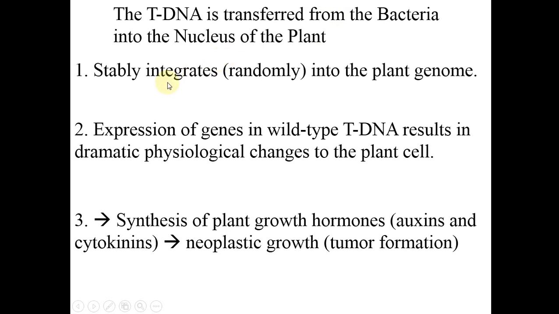It stably integrates into the plant genome by recombination, express genes that result in physiological changes of the plant cells, and increases synthesis of plant growth hormones like auxins and cytokinins, and therefore increase in auxin cytokinin rate then increases the plant growth rate, and thereby plant cells divide and redivide and forms a tumor or gall.